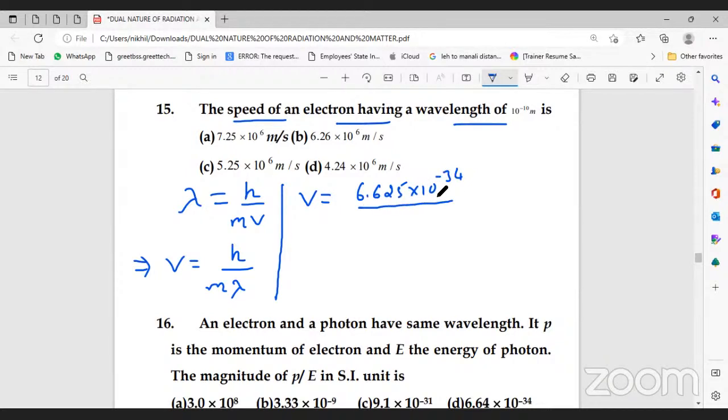What about the mass of the electron? They are talking about which particle? Electron. What is the mass of the electron? 9.1 into 10 power minus 31. What is the wavelength they have given? 10 power minus 10. 6.6 divided by 9 means 2.22 divided by 3 into 10 power.